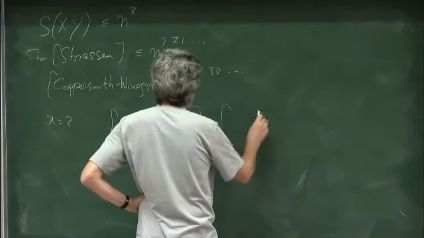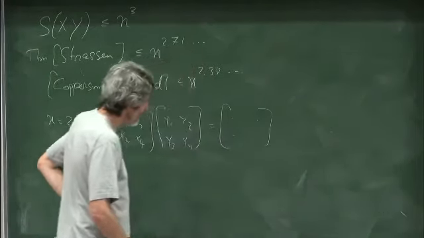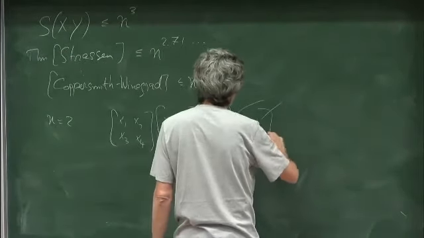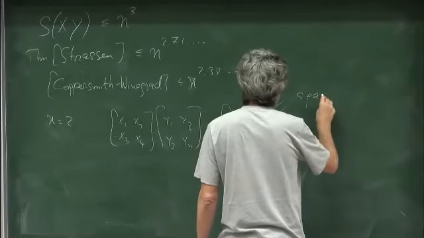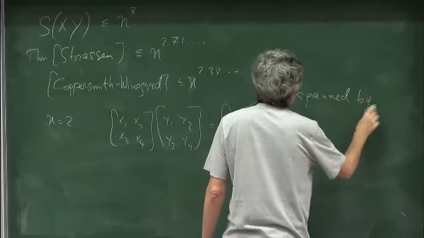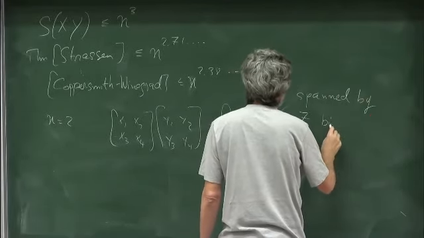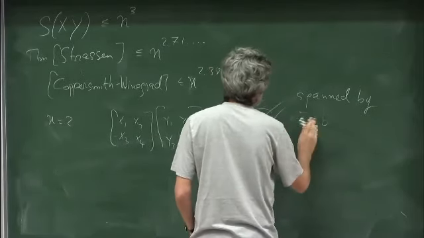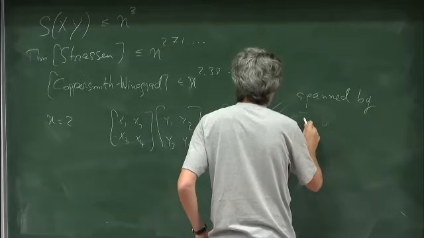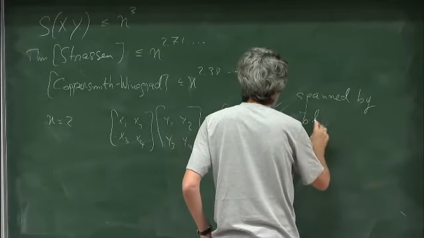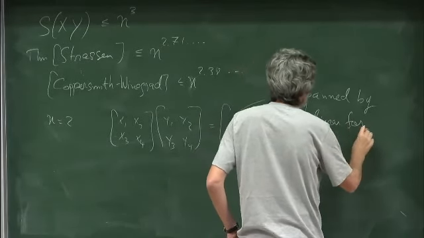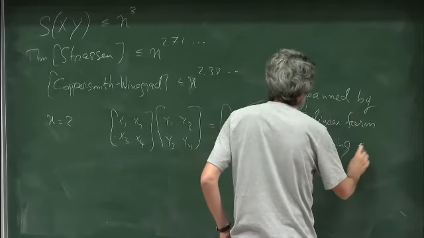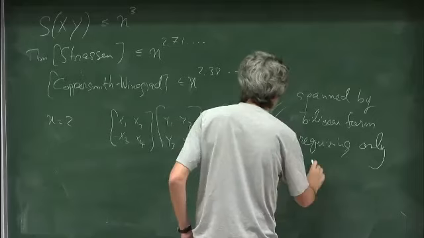The output here has these 4 bilinear forms, and he showed that these 4 bilinear forms are spanned by bilinear forms requiring only 7 multiplications.